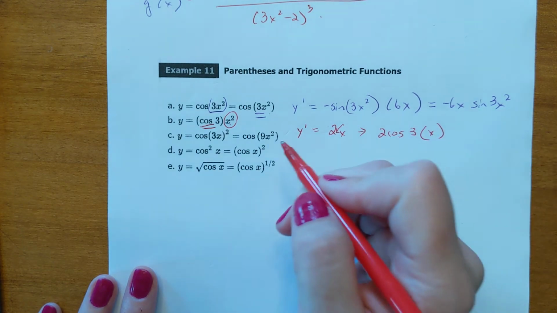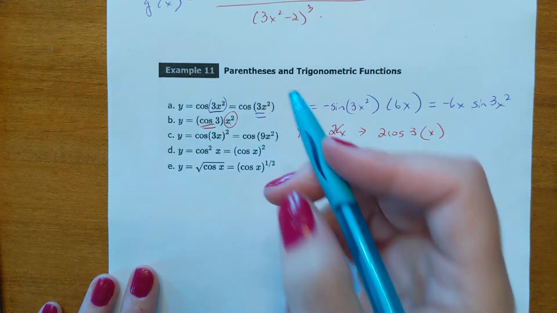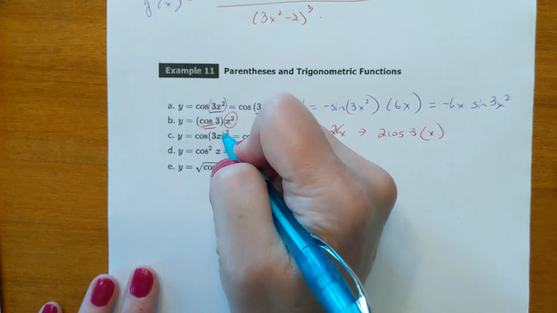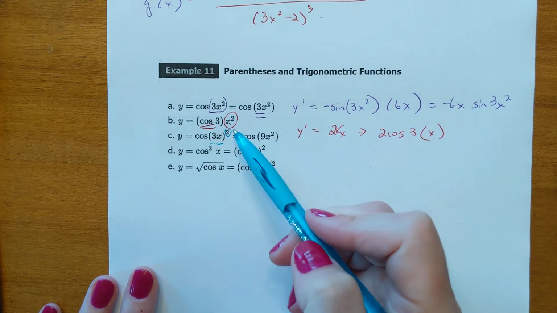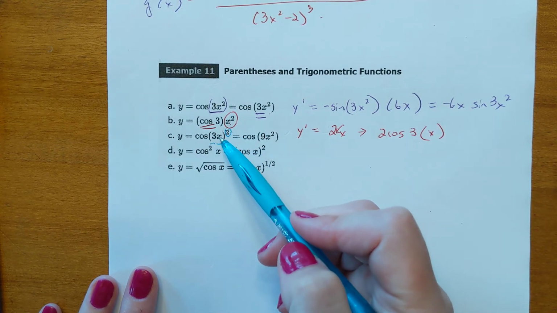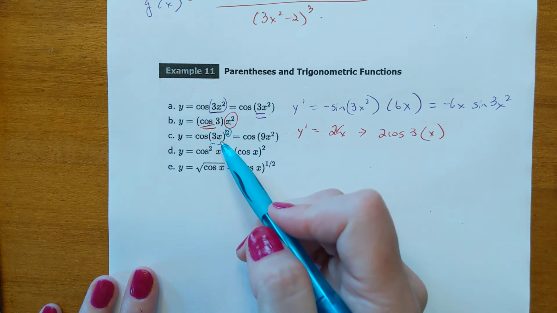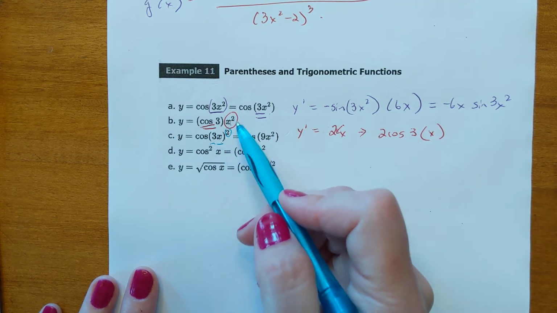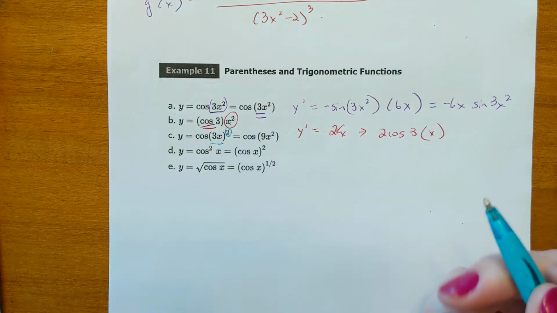All right, the next one, it's the same thing. What you have to be cautious about on this one is the squared that's right here. Remember to square everything. You're squaring the 3 and squaring the x. So when you square the 3, that makes 9, and then 2 x's, so it's 9x squared. A lot of times you just gotta clean it up. I wouldn't do the chain rule on it. I mean, you could, but that's just ugly.